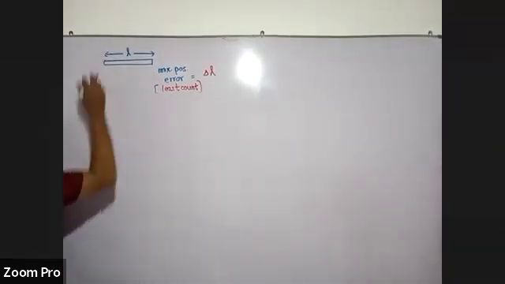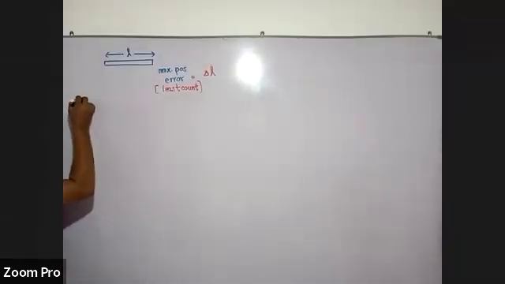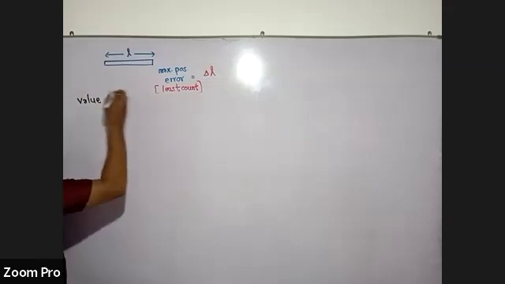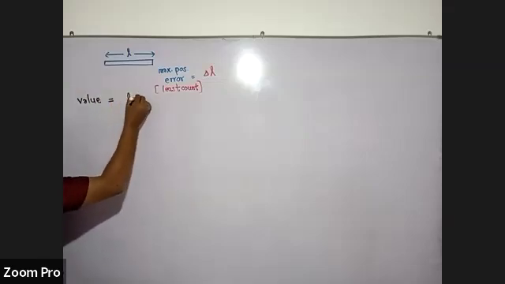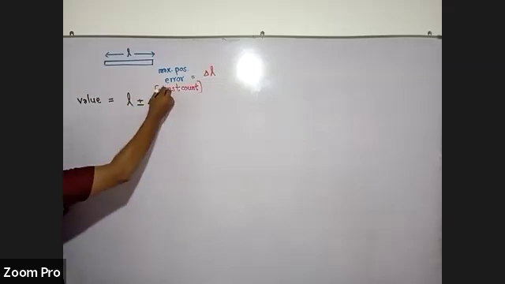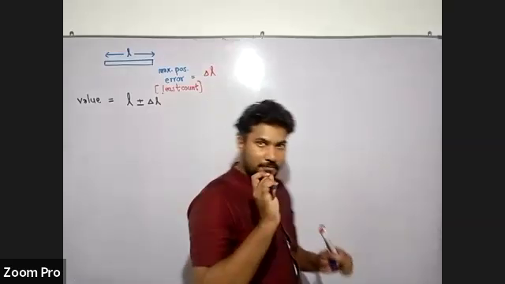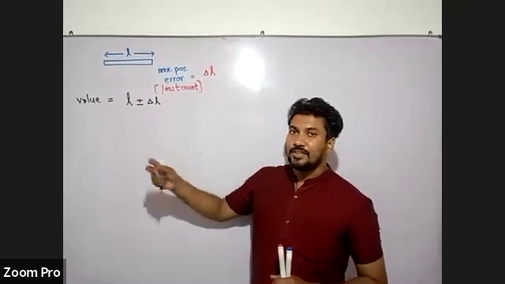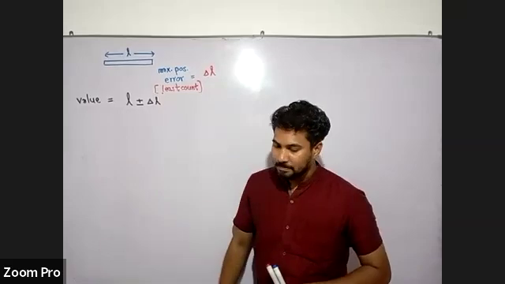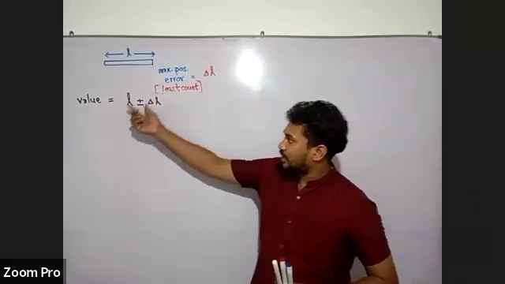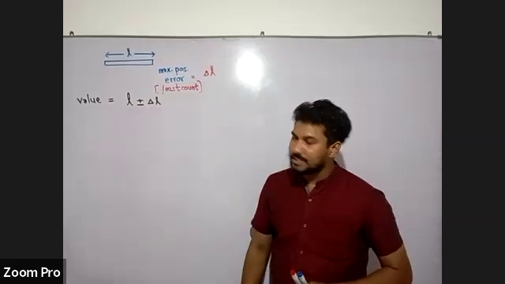So this measurement can be written, with considering error, as L plus or minus delta L, right? So guys, this is the way that we normally represent a measurement with considering errors, right?